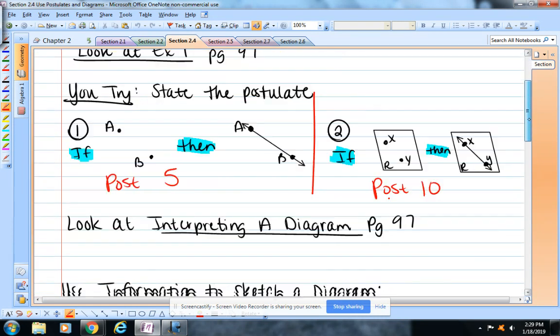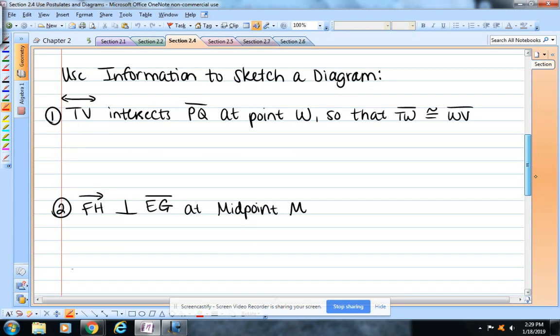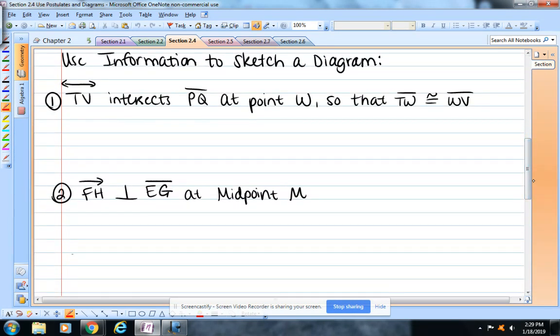Okay. Last thing I think I want us to do is draw some pictures using our symbols. Now, this is where we're going to need to know our symbols, okay? So they're going to give us a statement using some symbols in geometry, and we're going to draw a picture that represents those symbols. So I want y'all to write down number 1 for me, please.